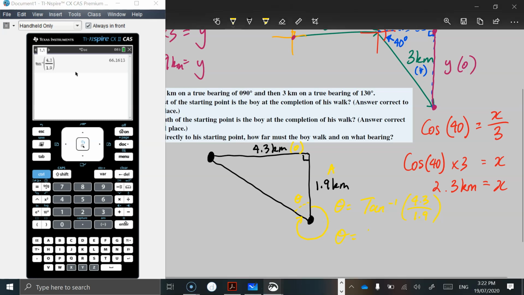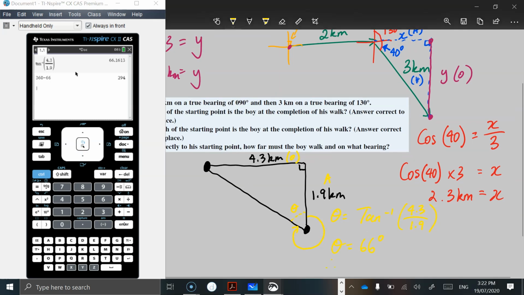So we got 66 degrees is what theta is, but obviously we want to take that away from 360, so 360 take away 66 is going to give us 294. So the bearing is 294 degrees true north.